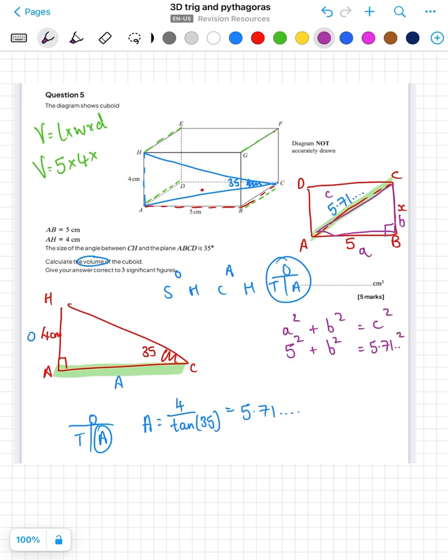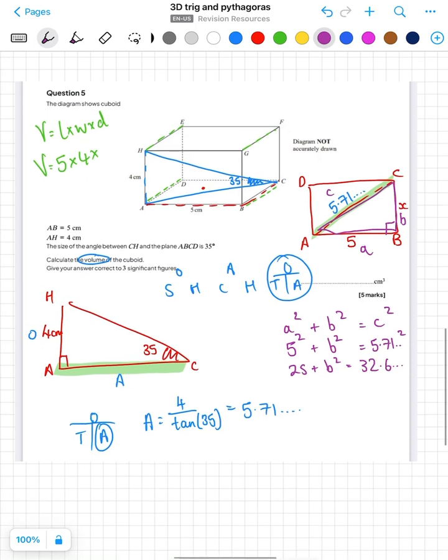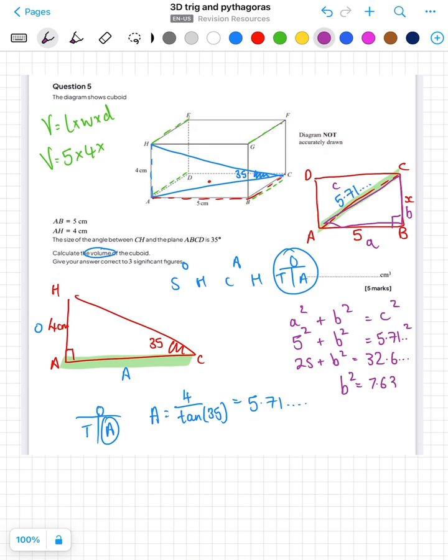So 5 squared, 25, plus B squared equals our 5.71 squared, which is 32.6... Subtract the 25 to leave us with B squared, which is 7.63... We want B, so we square root that to give us 2.76... That's our depth.